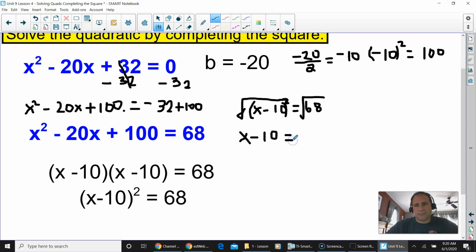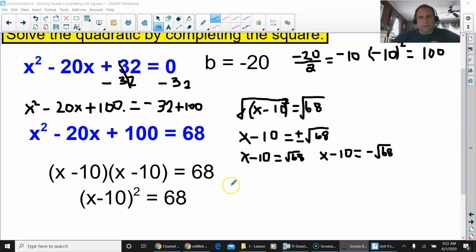It's not underneath the square root, and it's not squared. And then it's plus minus, because remember there's always a positive and a negative answer to a square root. When we split it up, it's x minus 10 equals the square root of 68, and x minus 10 equals the negative square root of 68.